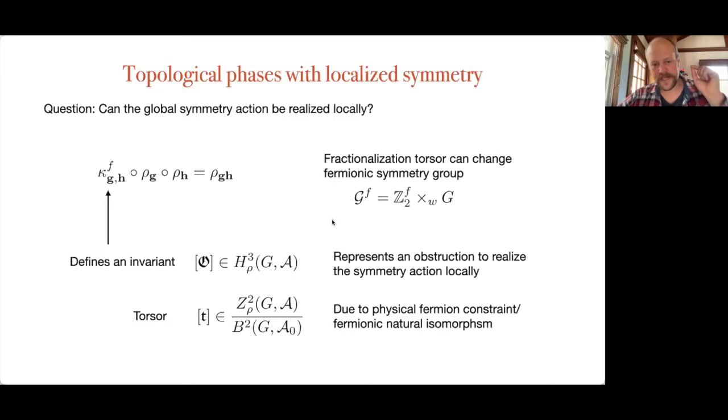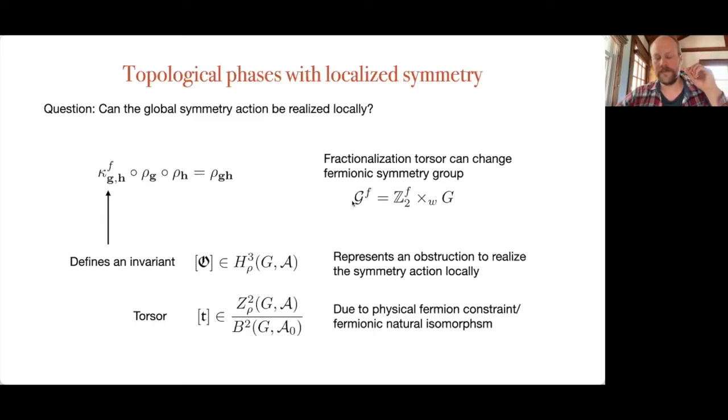The other thing I'll mention is that these torsors, although I won't explain in too much detail, when they're valued in all of the abelian quasi-particles, all the abelian objects, vortices and quasi-particles, they can actually change this global symmetry group. And that's actually where the fix will come from.